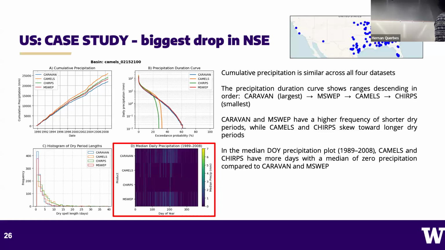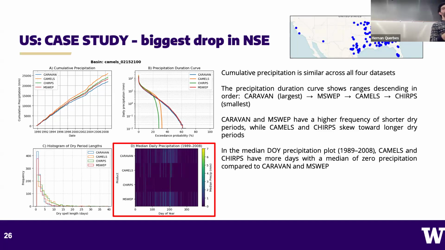And as you can see, maybe it's not shown very well because of the colors, but for CAMELS and CHIRPS, we see a higher frequency of zero precipitation, and they are very similar in timing. But for MSWEP and Caravan, we have a wider range of low precipitation values.